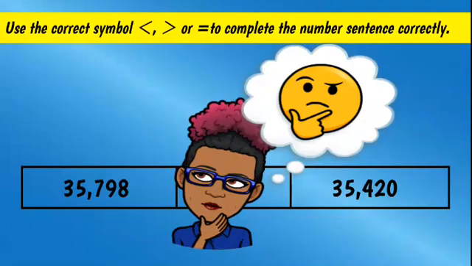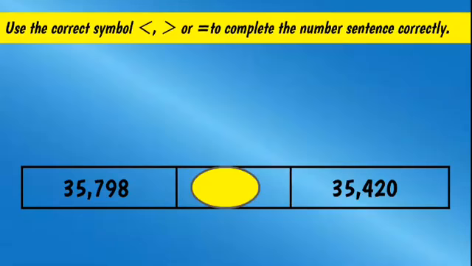So the last example. Use the correct symbol, less than, greater than, or equal to, to complete the number sentence correctly. So numbers, 35,798, is it less than, greater than, or equal to 35,420? So we continue with comparing 30,000 in the first, 30,000 in the second. So we move on to the thousands digits. 5,000 in the first. We also have 5,000 in the second.